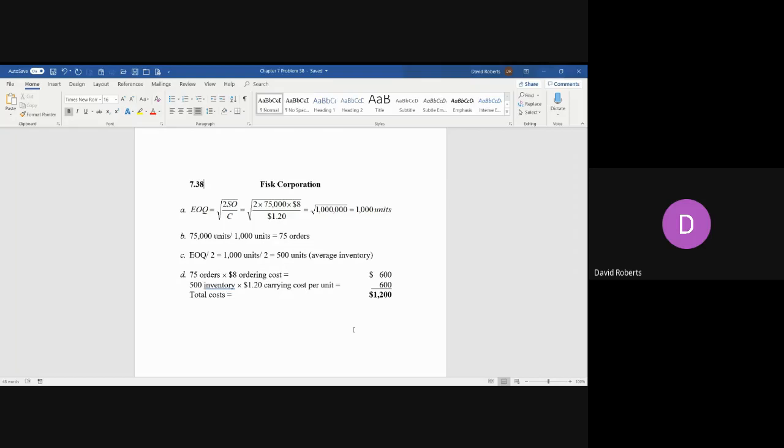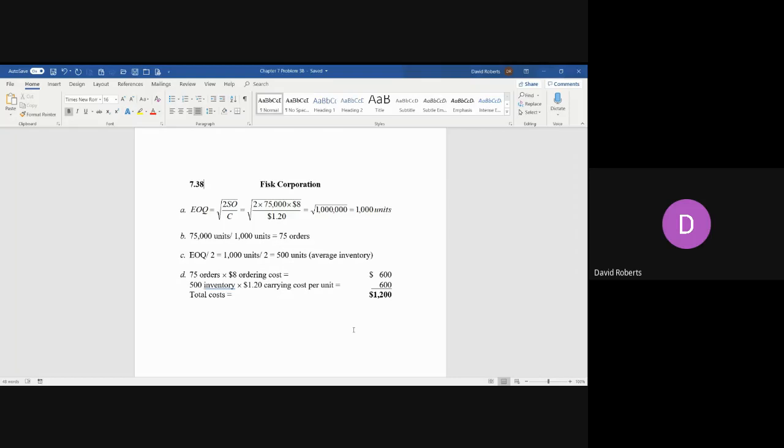You take it times the annual number of units of 75,000. You have a cost per order, or every time you place an order, it costs you $8, and each unit costs $1.20 to store. So when you do the calculations, you can see that it's 1,000 units.